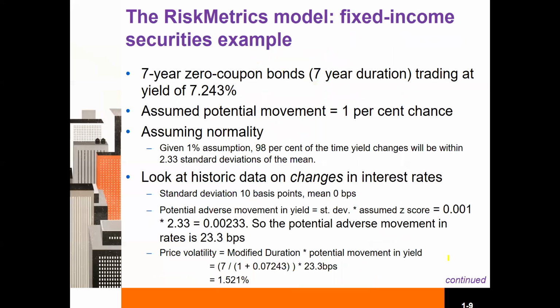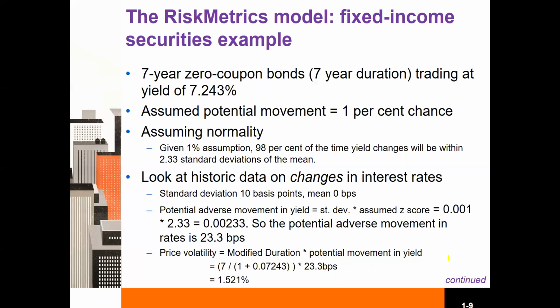Suppose we define bad yield changes such that there is only a 1% chance that the yield change will exceed this amount in the adverse direction. Since we are concerned only with bad outcomes and we are long in bonds, for example, there is only a 1% chance that the next day's yield will increase beyond this given adverse move.